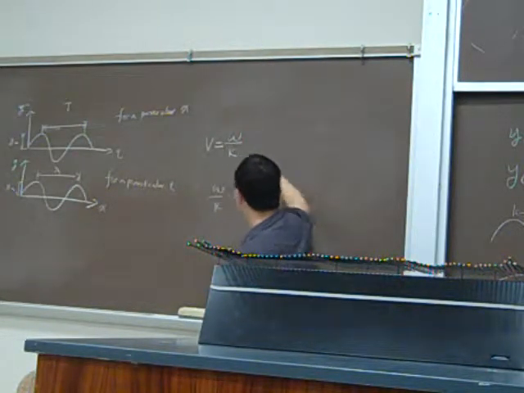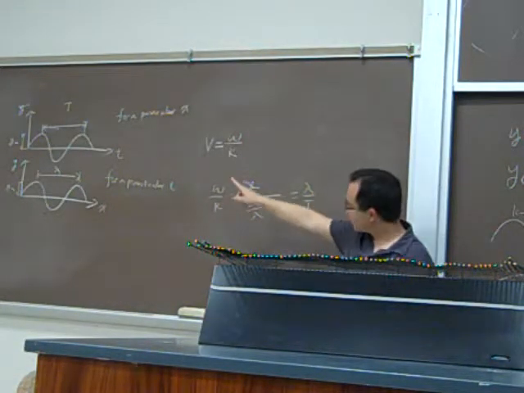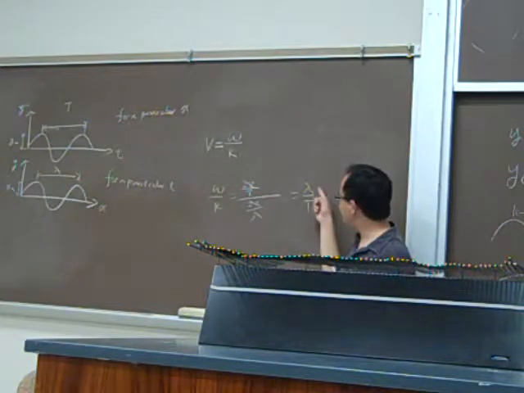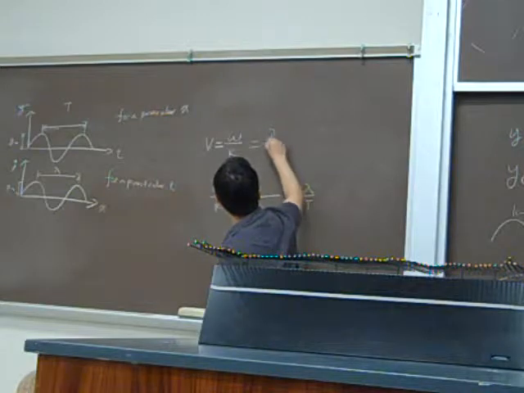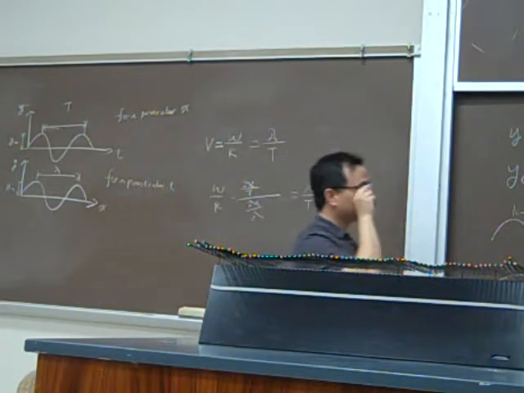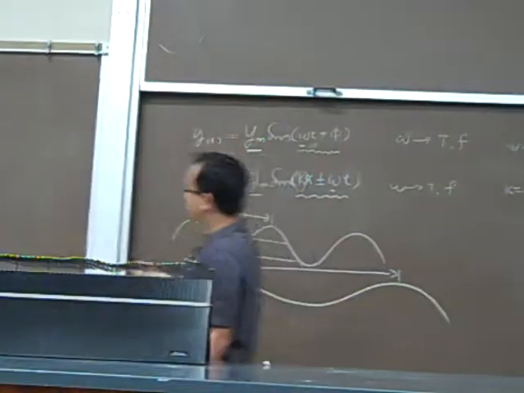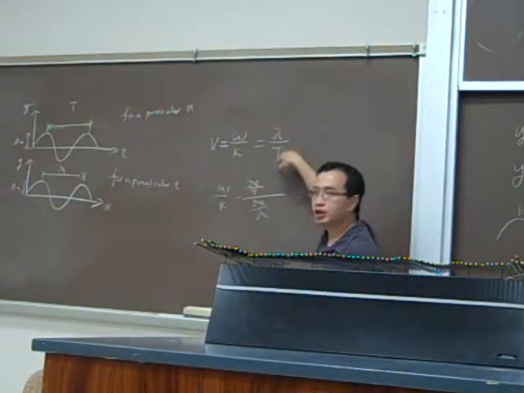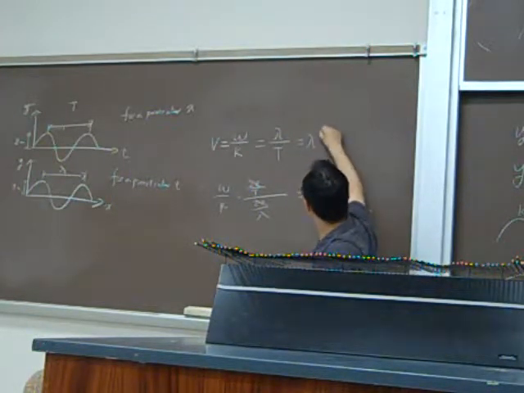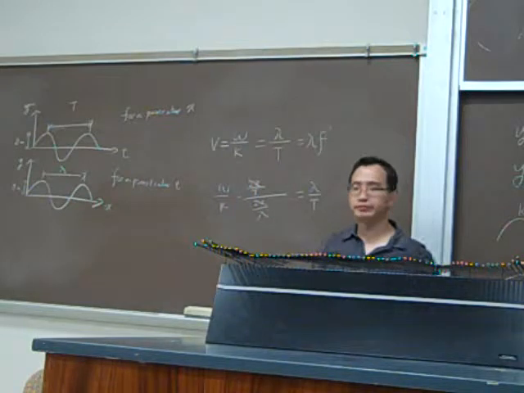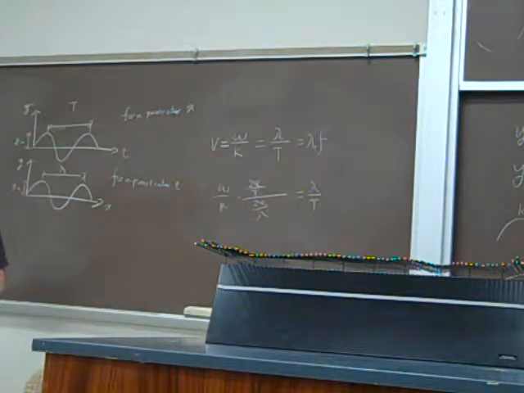So the 2 pi cancels, and omega over k is always the same as lambda over T. Since 1 over T equals f, the frequency, this can also be written as lambda multiplied by frequency f. Now you can see how they are related to each other.